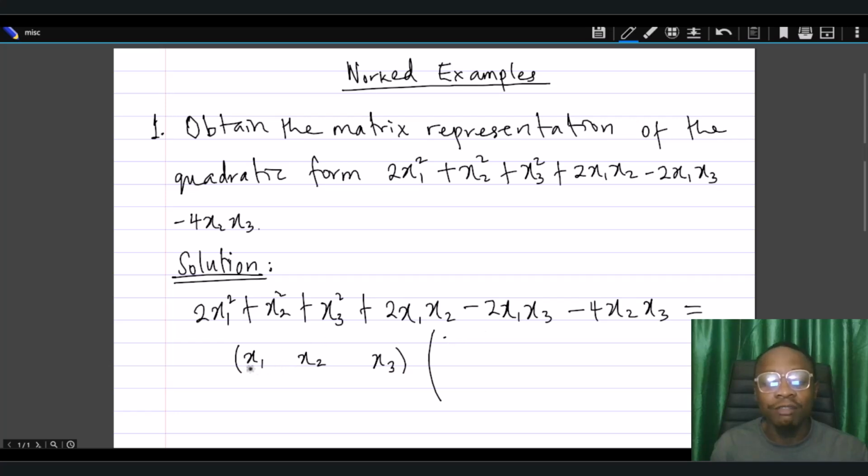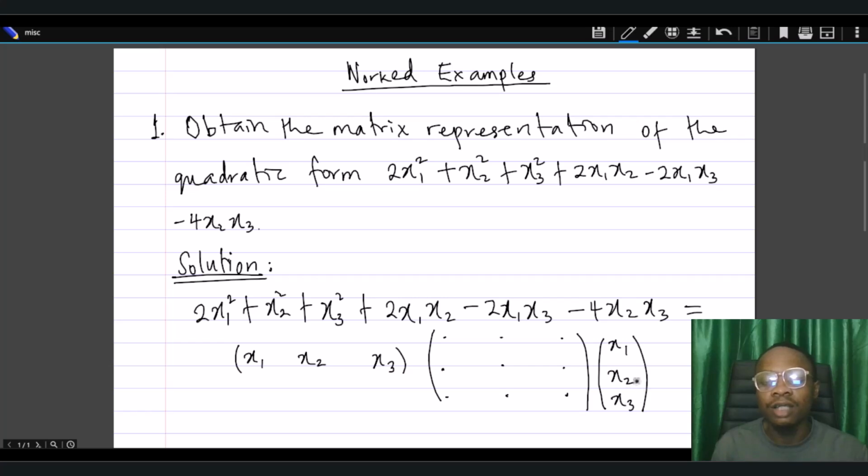Because we have three variables, it will be a 3 by 3 matrix. We don't know the entries for now; we'll come back to that. It will have entries here, here, here and here, and we'll come back to put in what the values should be. Then we also multiply by a column vector of the variables x1, x2, x3.